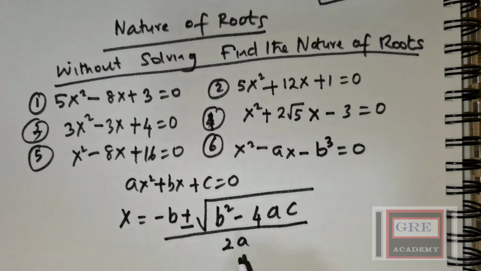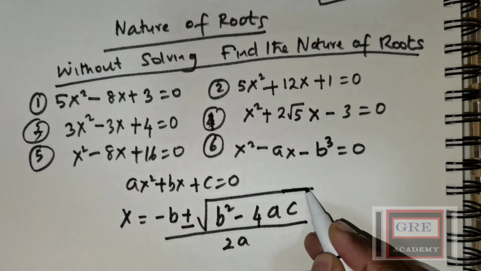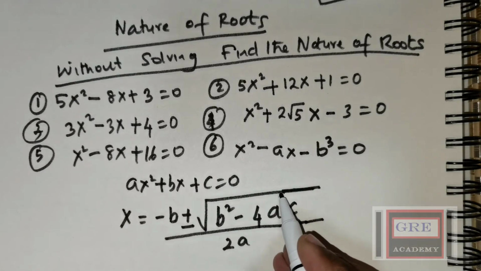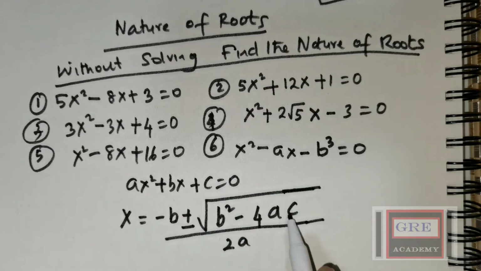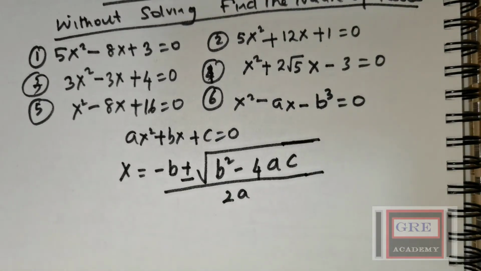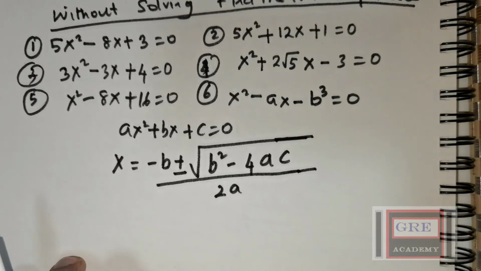Now it's very important that you stretch the square root sign. Don't leave it off. If you leave it off till here, it is marked incorrect. So the radical sign has to stretch so that it covers the c also. Next point.